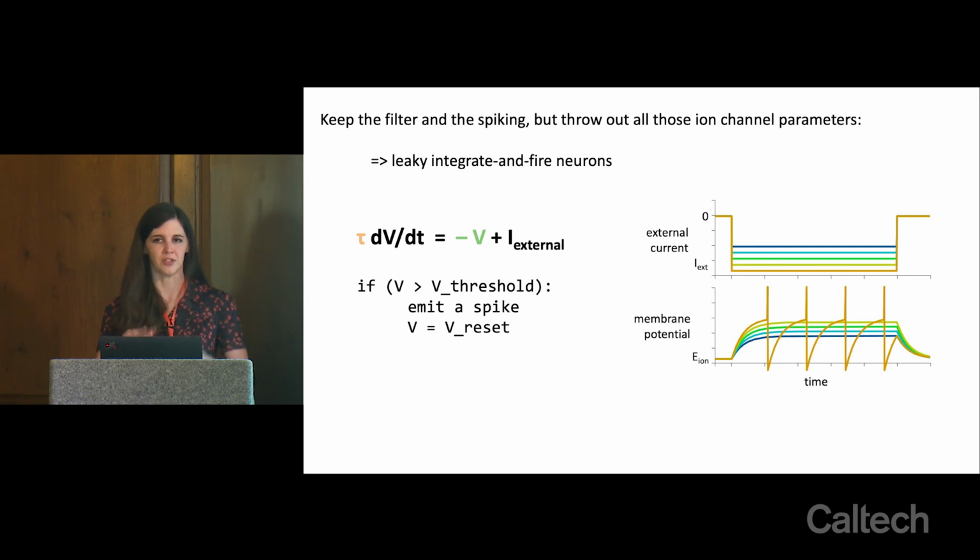Usually you treat these as signals that arbitrarily vary between, say, 0 and 1. The only thing that this model captures is that in the absence of external input, your membrane potential decays down to, in this case, 0. And if there is input, then you increase based on the magnitude of this input current.